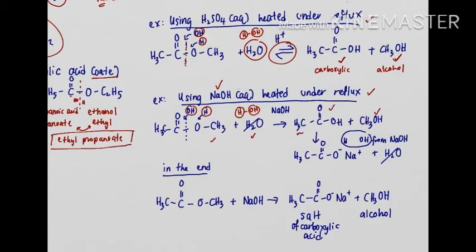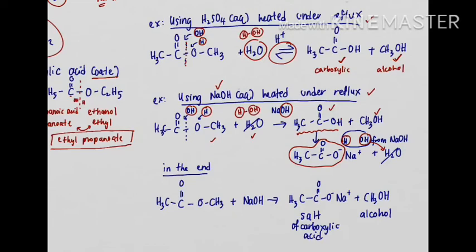But take note that this carboxylic acid can react with sodium hydroxide, so it can give you the salt. They are going to form this ion, and the H from here will come out, and the OH from the sodium hydroxide will join with that H and give you water.